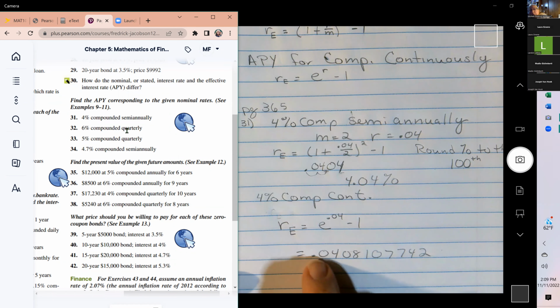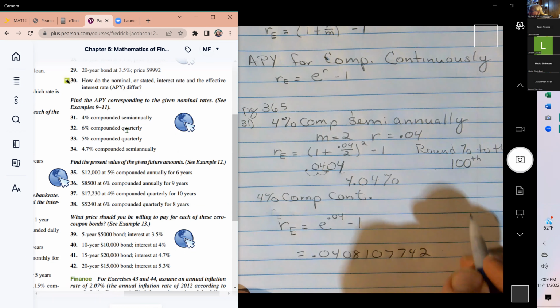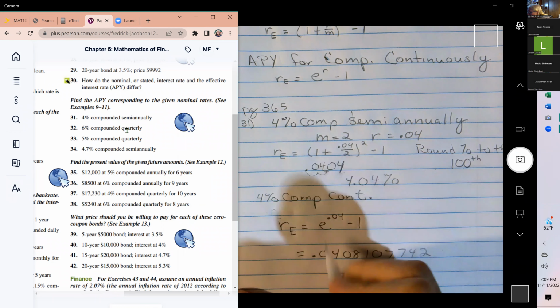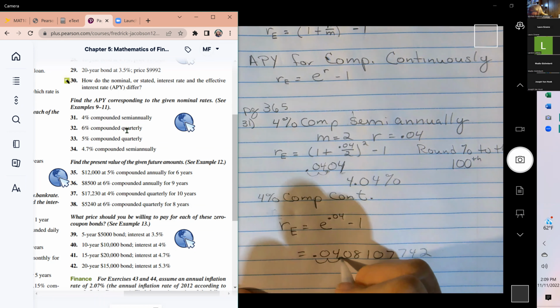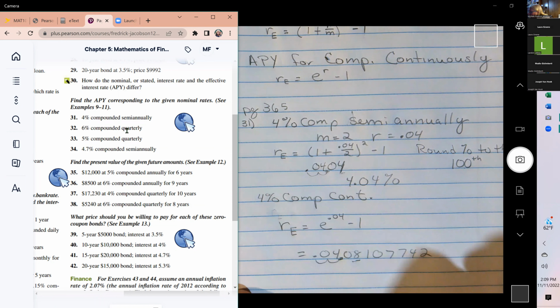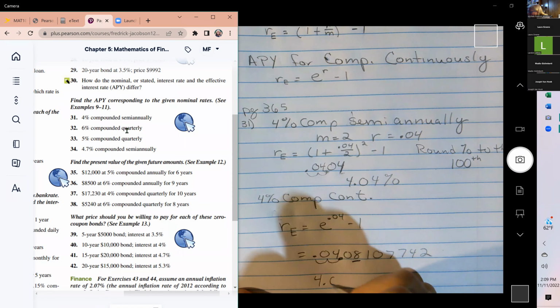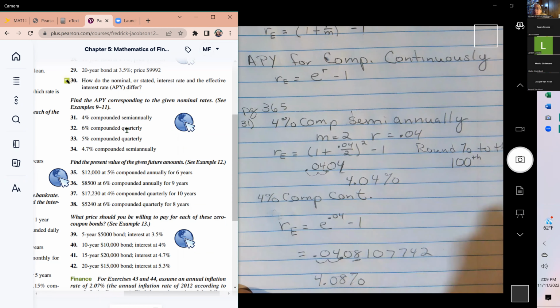Is everyone getting 0.0408107742? Well, depending on your calculator, I don't know how many decimal places it goes, but we want to round the percent to the 100th. So first we make it a percent. And the 100th would be here, 4.08%.